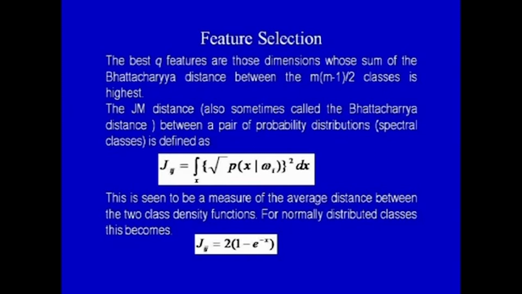This is seen to be a measure of the average distance between the two classes' density functions. For normally distributed classes, the JM distance for two classes i and j is equal to 2 within bracket 1 minus e raised to the power minus alpha.